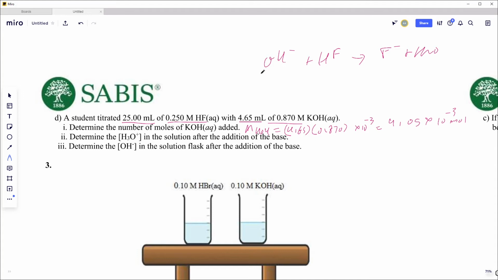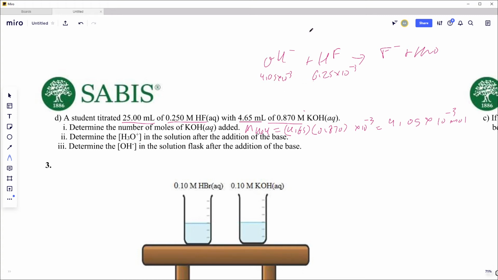And here you have what we got: 4.05 times 10 to the power of minus 3 for the OH minus. For the HF, let's calculate it. 25 times 10 to the power of minus 3 times 0.25, you're going to get 6.25 times 10 to the power of minus 3. This does look like an ICE table, but it's not, since we don't have equilibrium. The whole point is just to show how much reacted. So you subtract this, since it's the smaller one.